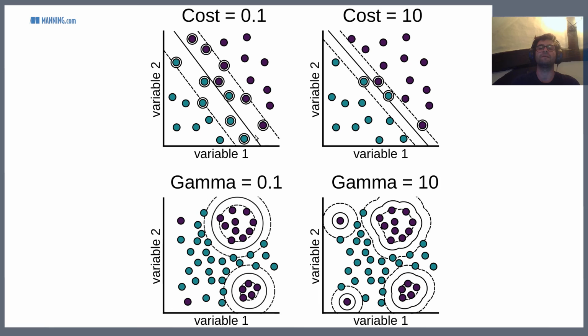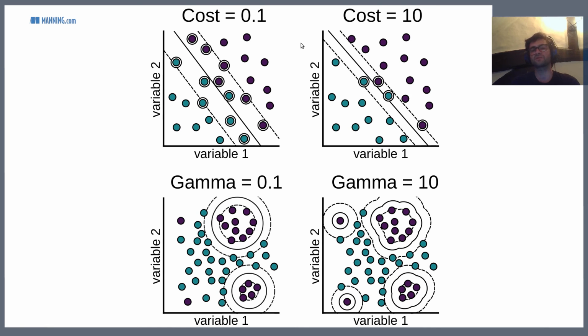Okay, and the further apart two classes that are perfectly separable are, the larger that margin will be. But in reality, in complicated machine learning tasks or problems, it's unlikely that we're going to have easy problems where the classes are fully separable. And so it's very likely that you're going to have classes inside the margin. And the cost hyperparameter tells the algorithm how bad it is to have cases inside the margin.